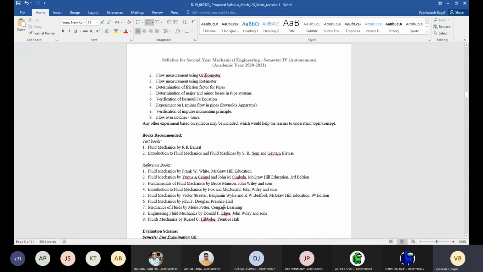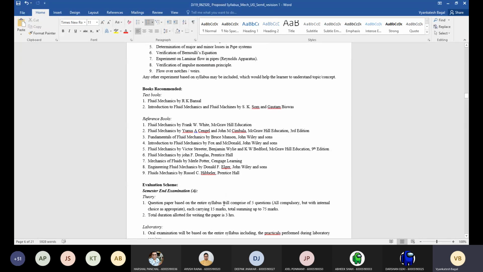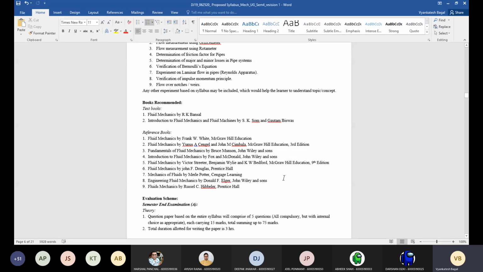And then the important part, that is the books recommended. Most of the time students ask me which book they should refer or which book I recommend. So I am keeping the entire list on the screen. You just go through the books, and some of the names you may know or not. Hello.